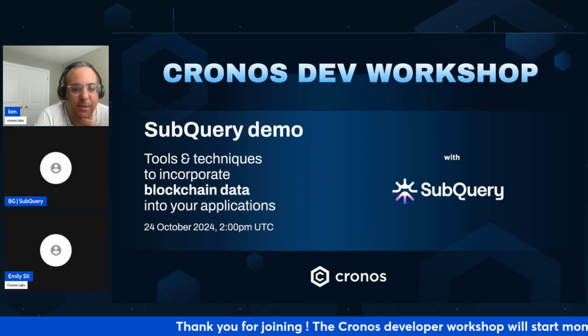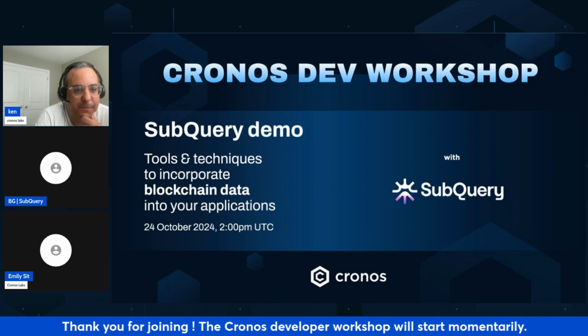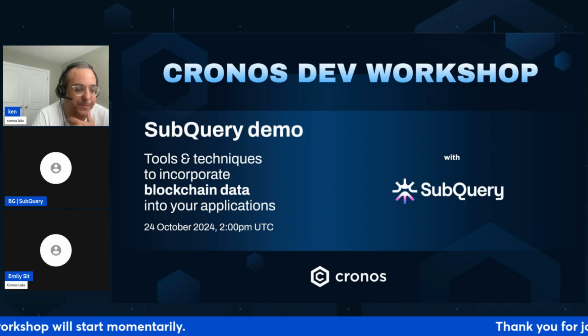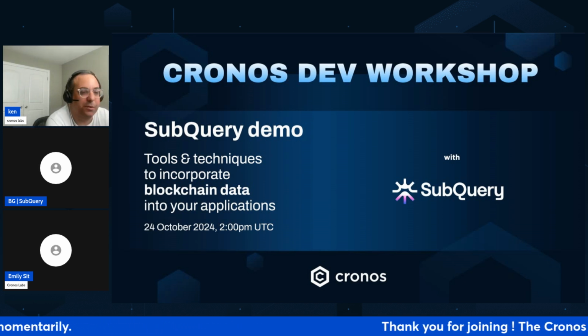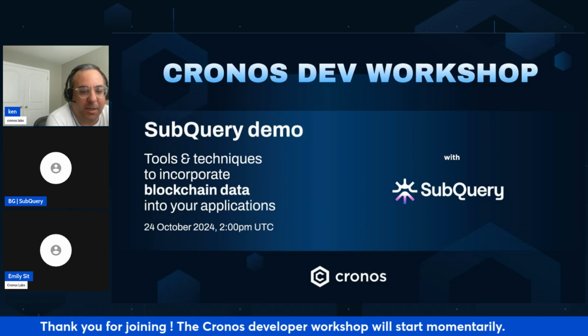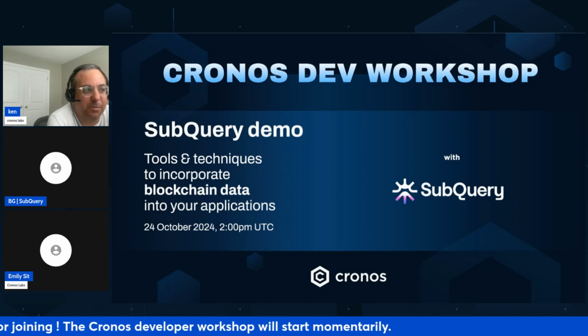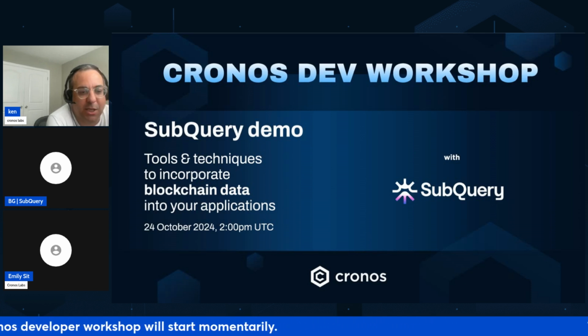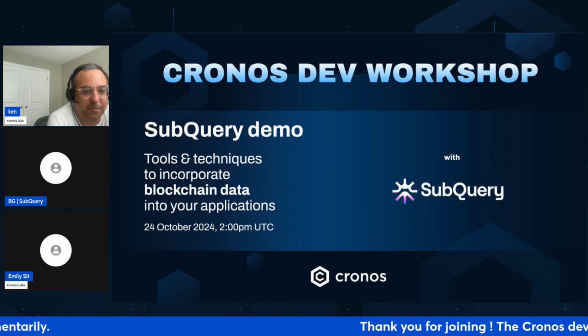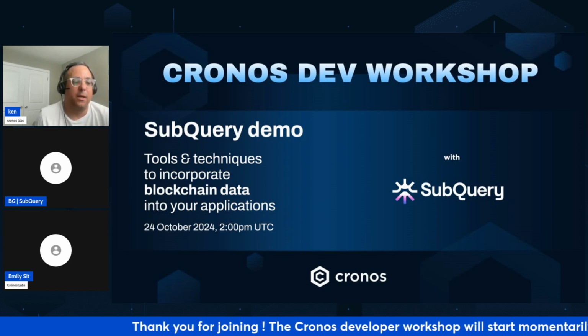Before we go there, a few words about Cronos for anyone who's joining who's new to Cronos. Cronos is one of the leading blockchain ecosystems in the world, built in partnership with Crypto.com, as well as more than 500 application creators who are building use cases in DeFi, NFT, and Web3 gaming.